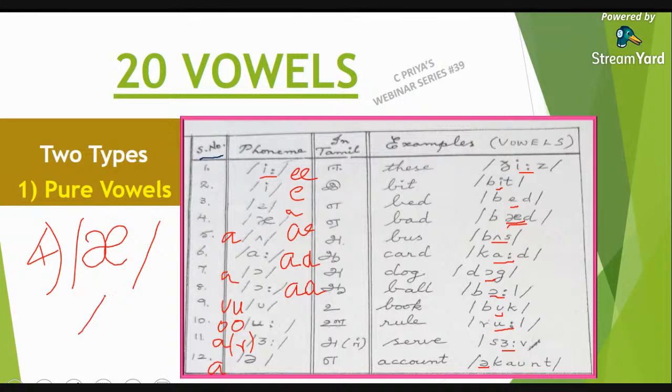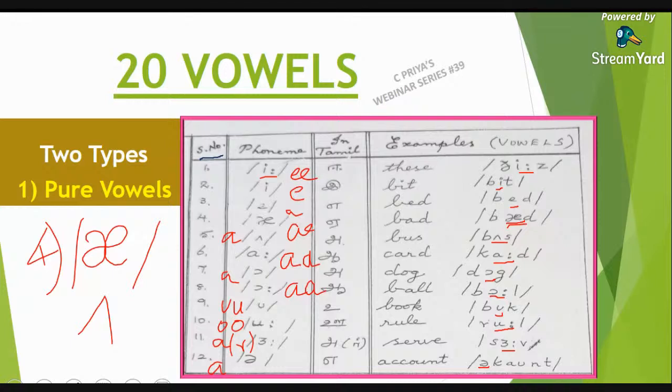The fifth symbol indicates the tip of the tongue. Bus. When you pronounce it, the tip of the tongue touches the teeth ridge. We all have upper teeth. When you touch the upper teeth with your tongue, please go backwards slightly.